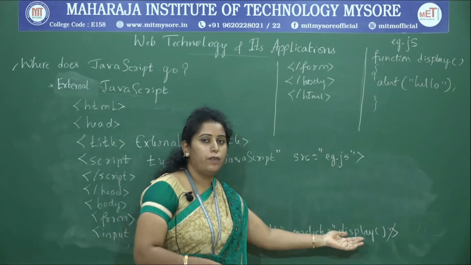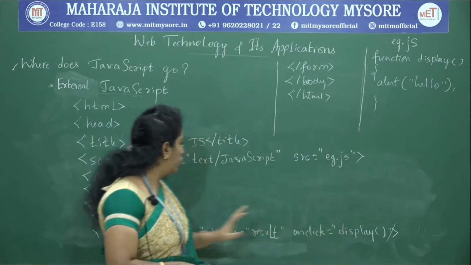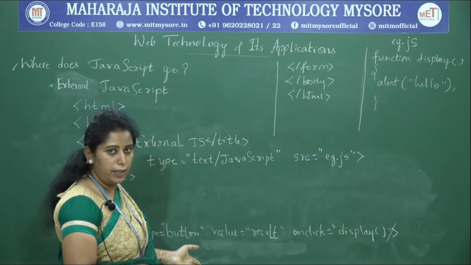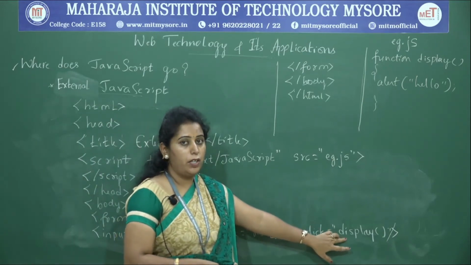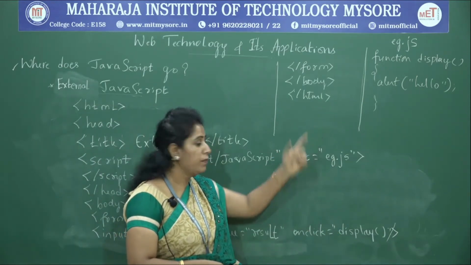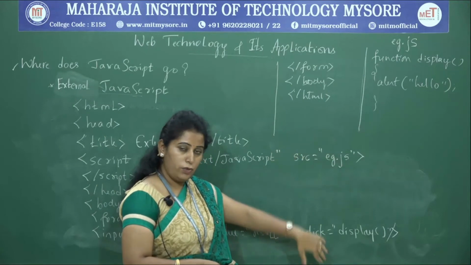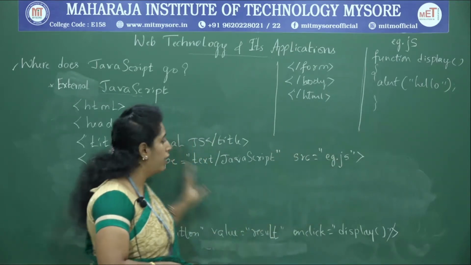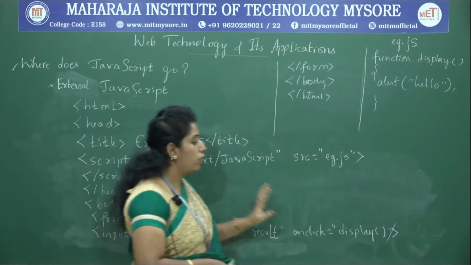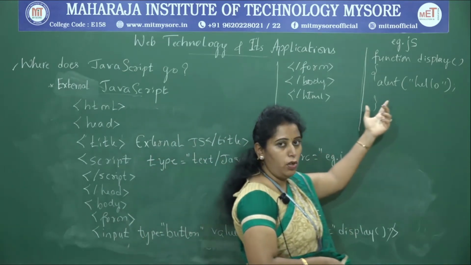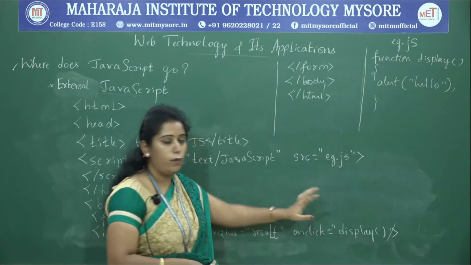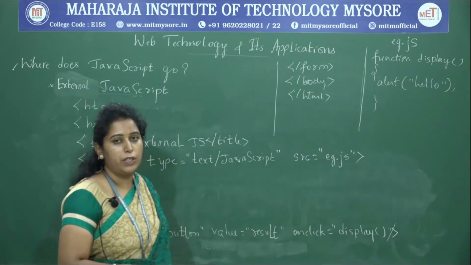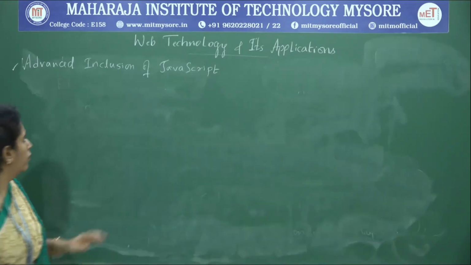There it is calling a function display. So this function display is not written anywhere inside our HTML, right? This is a function which you are calling from your external file. That external file is included to your HTML. This is what external JavaScript is. So now the display function is called, and there it is printing a hello message. So this is how external JavaScript is going to work.